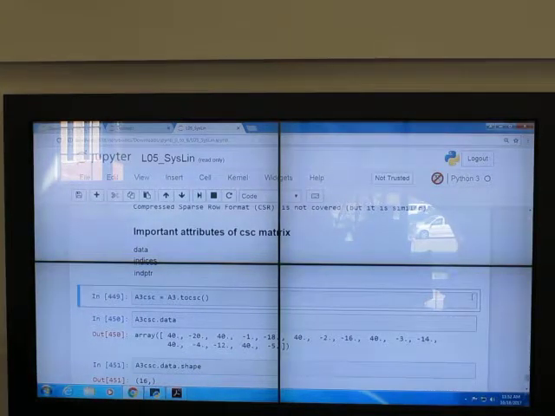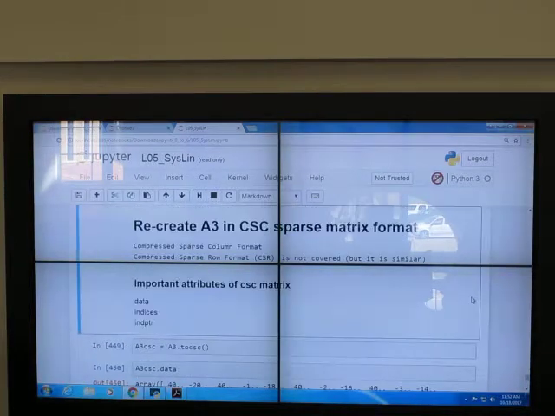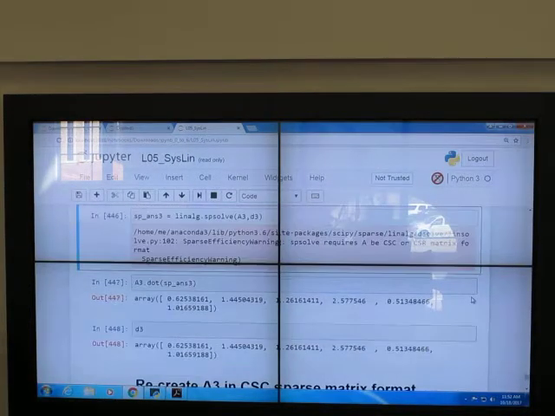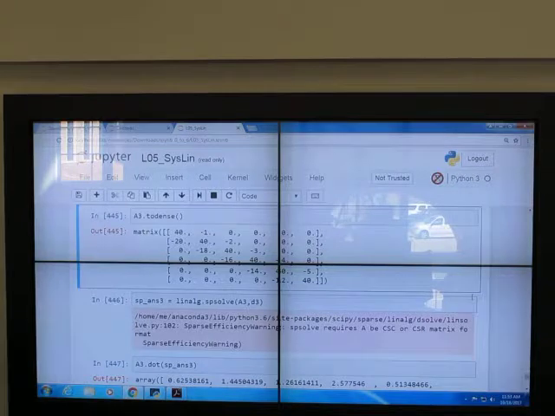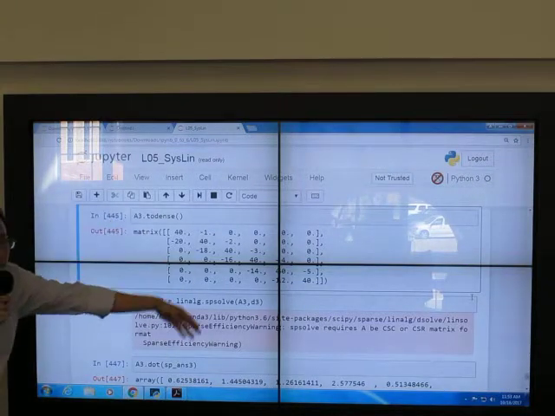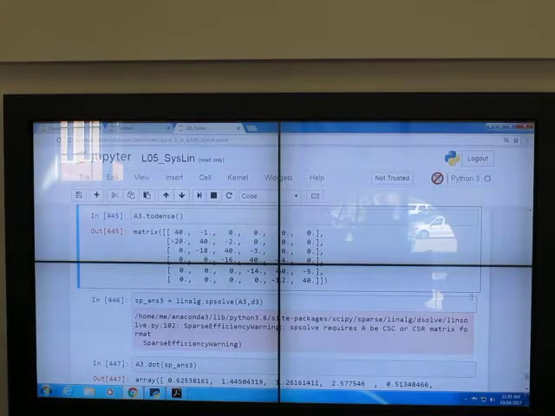Let's take a look. I have A3 already. You remember A3? A3 is just a tridiagonal matrix. That is A3: 40 in the middle, minus 1 on the top, and minus 20, minus 18, minus 16, minus 14, minus 12. On the top is minus 1, minus 2, minus 3, minus 4, minus 5.